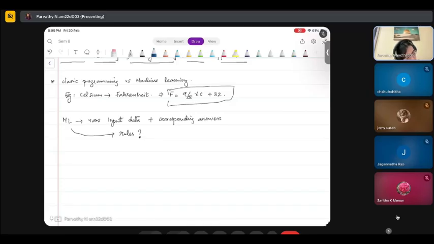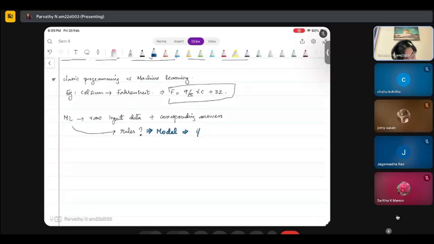Whatever finally comes out as the rules, that is the model. A model is essentially any mathematical function that takes in some input and produces an output. So this is the difference. I think all of you know the difference between classical programming, where you already know the rules, and machine learning, where you don't know the rules, but you learn the rules through the data and the answers that we already know.